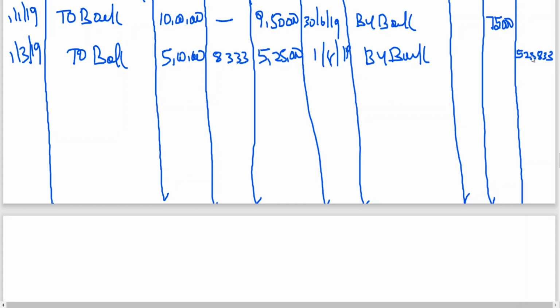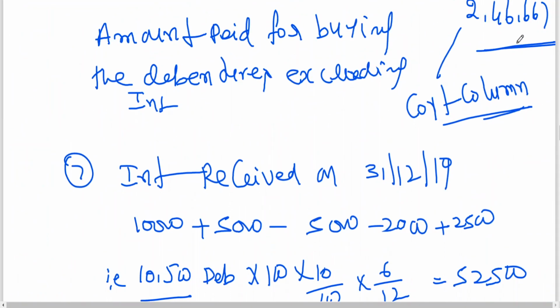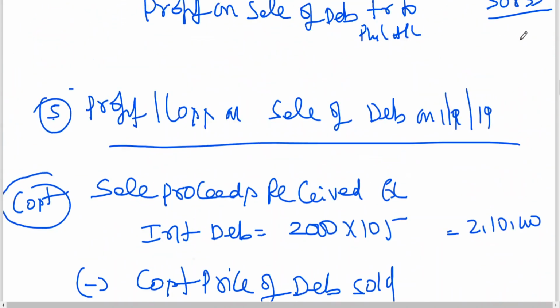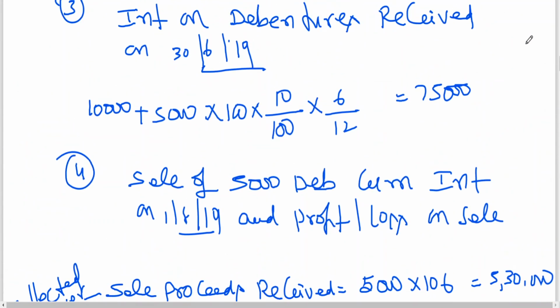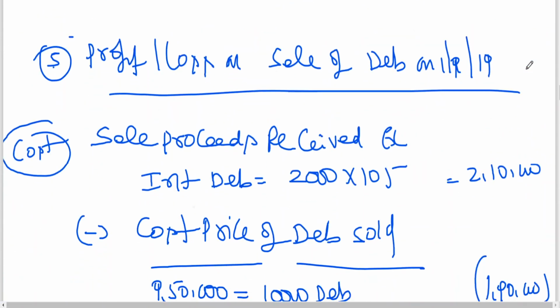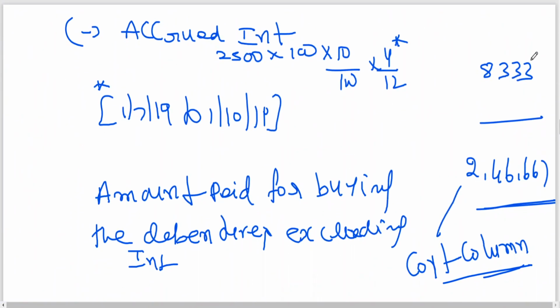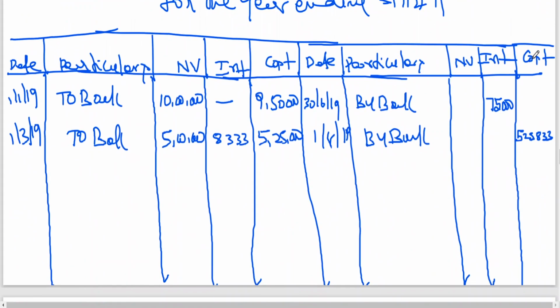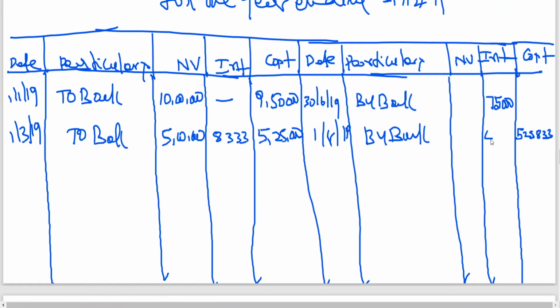I think hope you'll be understanding it. 5,25,833. And what is the interest it is having? Your accrued interest 4,167. So that means this is cum interest, no? The total amount paid is this one.